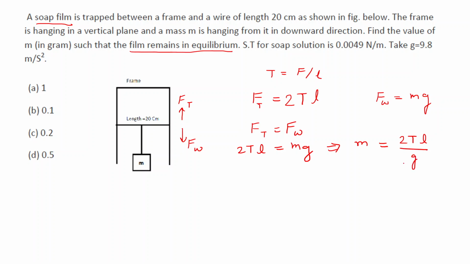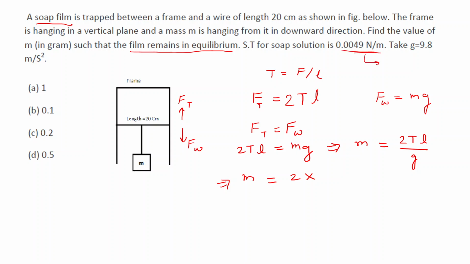So m equals 2 times T times L divided by g. Now substituting the values here, the tension has been given. Okay, the thing is the final value I need to tell in gram, so I'll convert this value of tension into CGS. Right now it's Newton per meter, which is the SI unit.